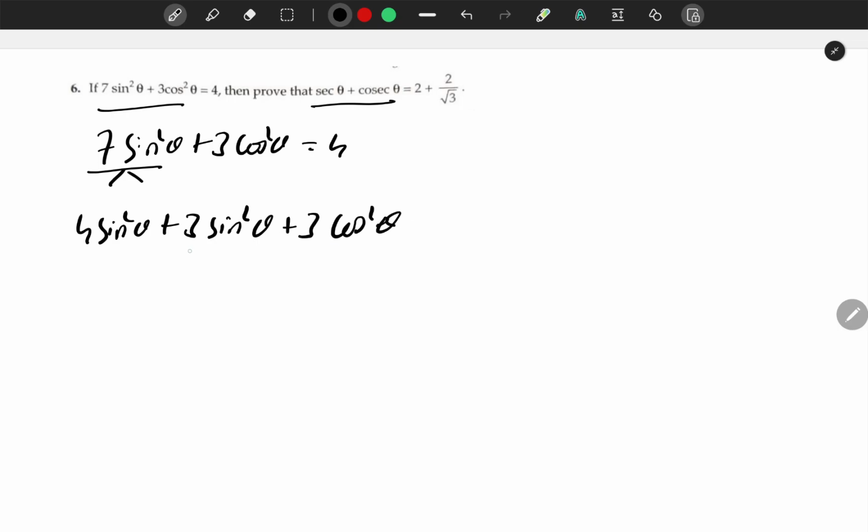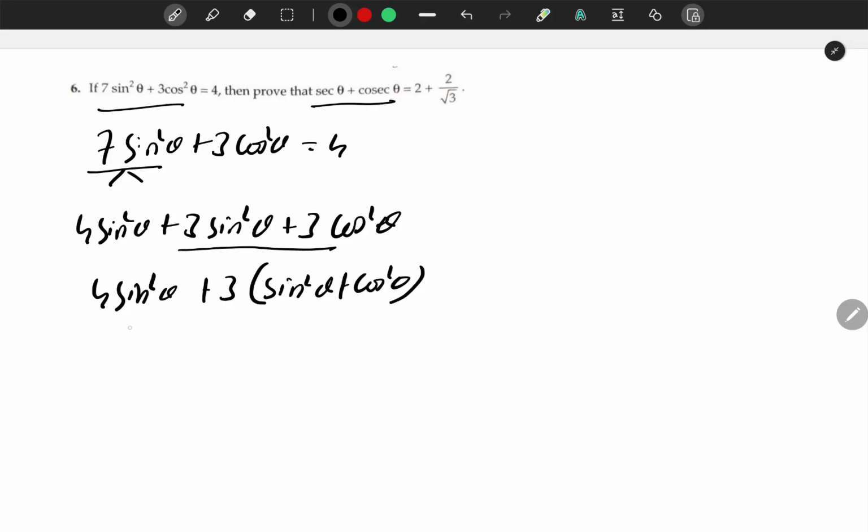If you take the 3 common from these two terms, it will be 3 into sin square theta plus cos square theta, plus 4 sin square theta. So the sin square plus cos square will be 1. 3 into 1 is 3.